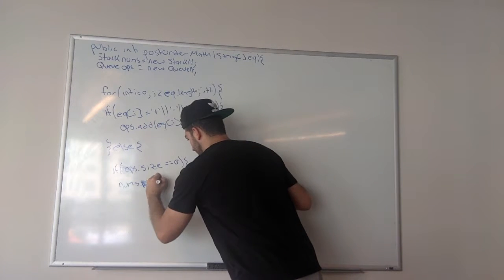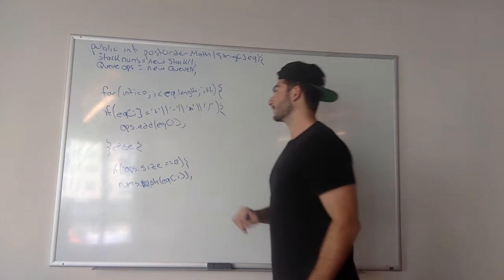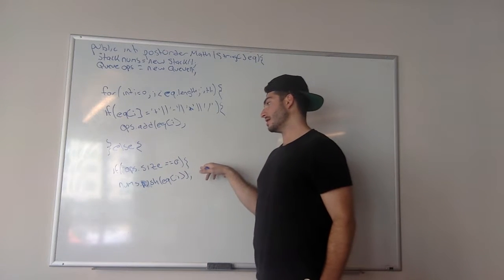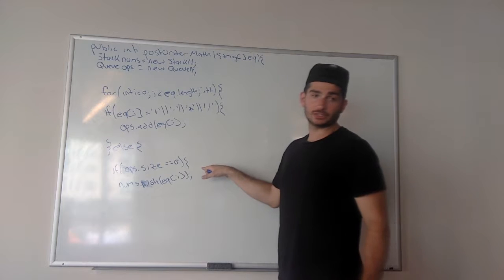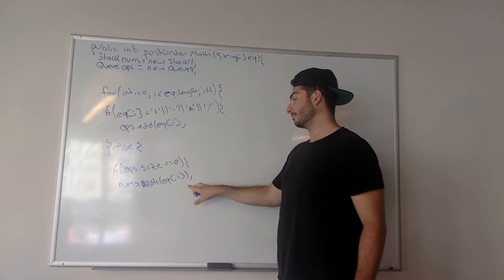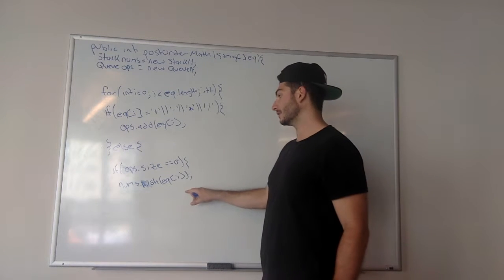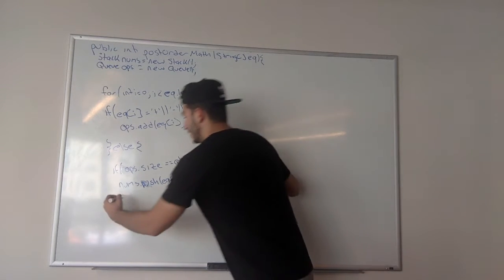The reason for this is that if we've already added an operator to the queue, we don't want to push another number onto the num stack, because that will mess up the order of operations.